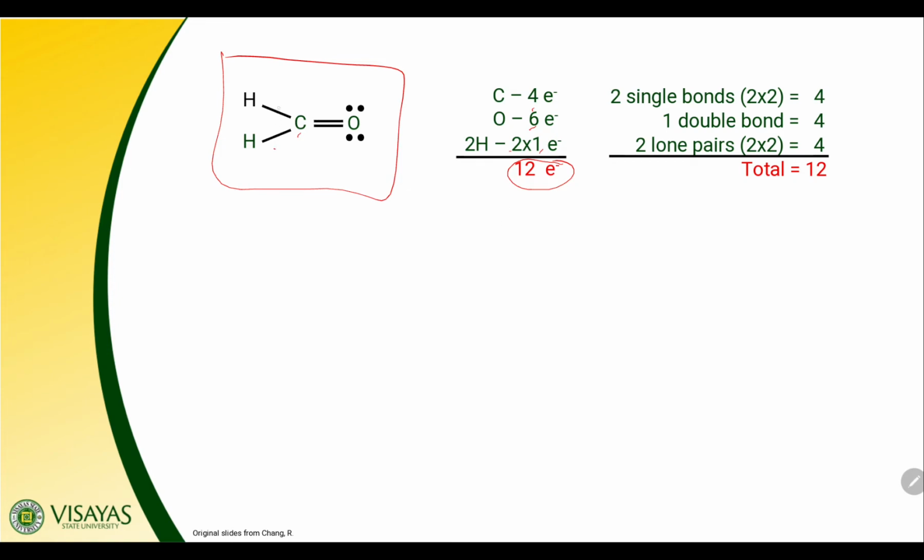We still have 2 single bonds, and each bond has 2 electrons, so we have a total of 4 electrons. For the double bond, we have 4 electrons, and for the lone pairs, we have 1, 2, 3, 4. We have 2 lone pairs with 2 electrons each, so we have 4 total electrons. So in this structure, we have a total of 12, which is equal to the computed valence electrons. So this structure is also correct.